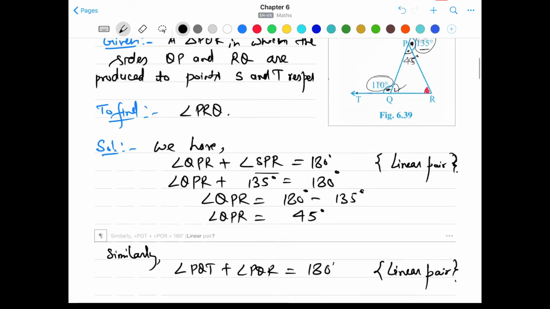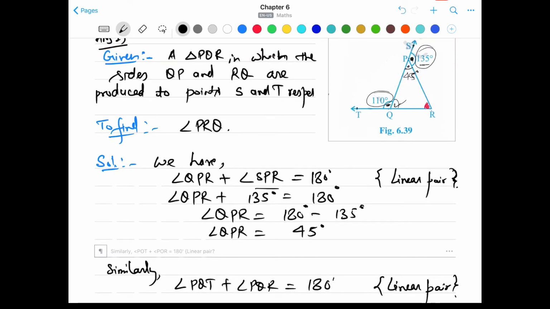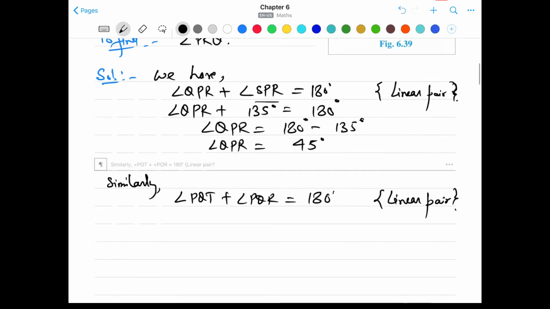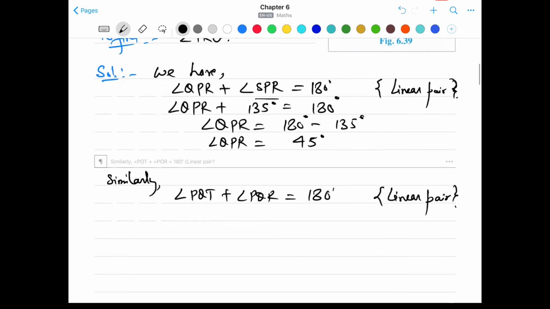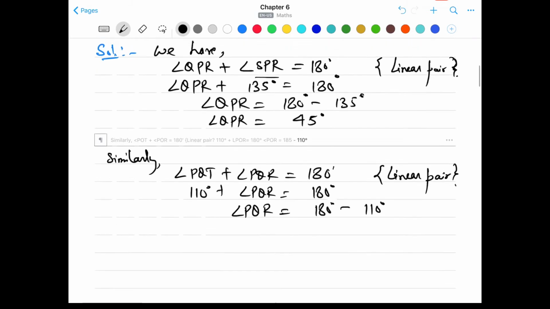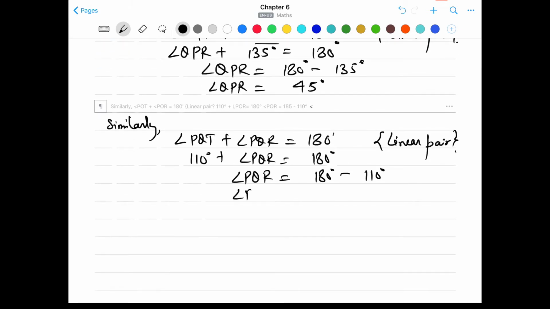Linear pair means two angles on a line at the same point. Angle PQT is given, which is 110 degree. So we write 110 degree plus angle PQR equals to 180 degree. So from here angle PQR will be 180 degree minus 110 degree, it will be 70 degree.